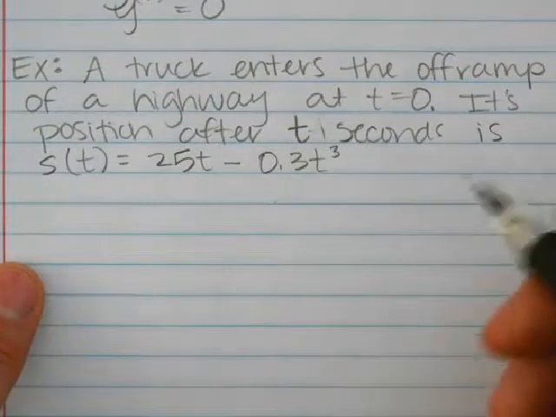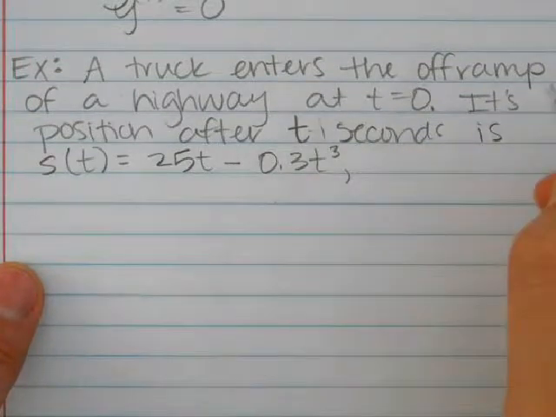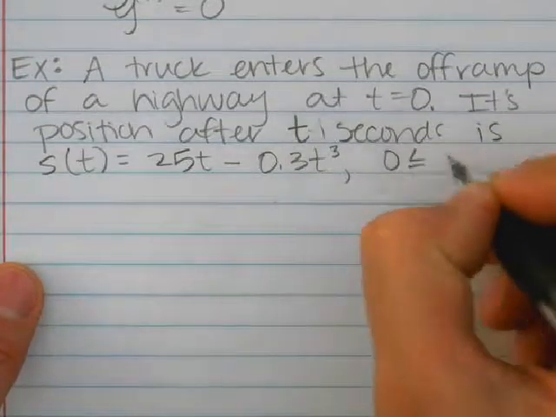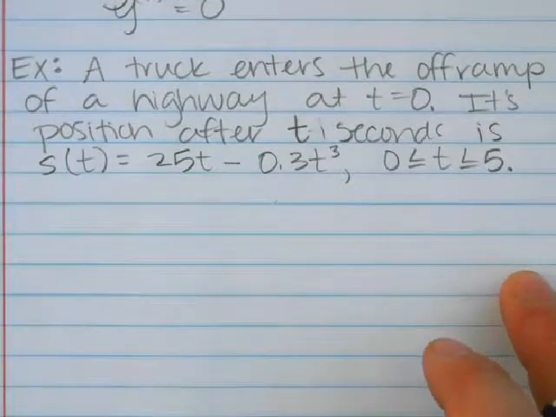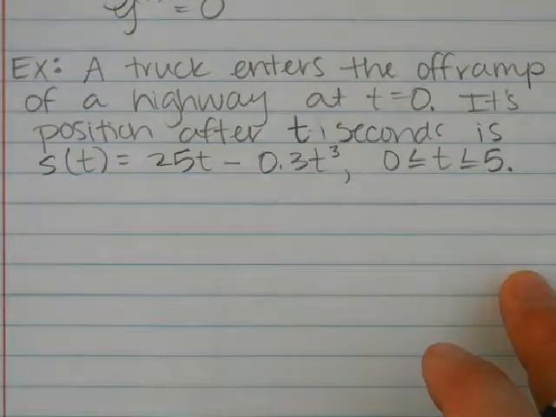And this equation only works to define the position if your t value is between 0 and 5. So between 0 and 5 seconds, that equation would describe where the truck is located.